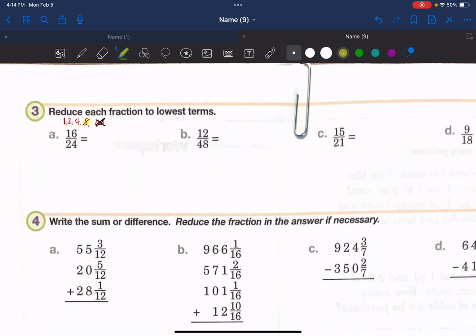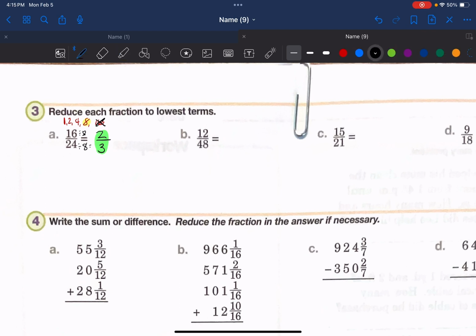Okay, so I'm going to divide both these numbers by 8. So 16 divided by 8 is what? 2. And then 24 divided by 8 is what? 3. So my new fraction, 16/24, can also become 2/3.